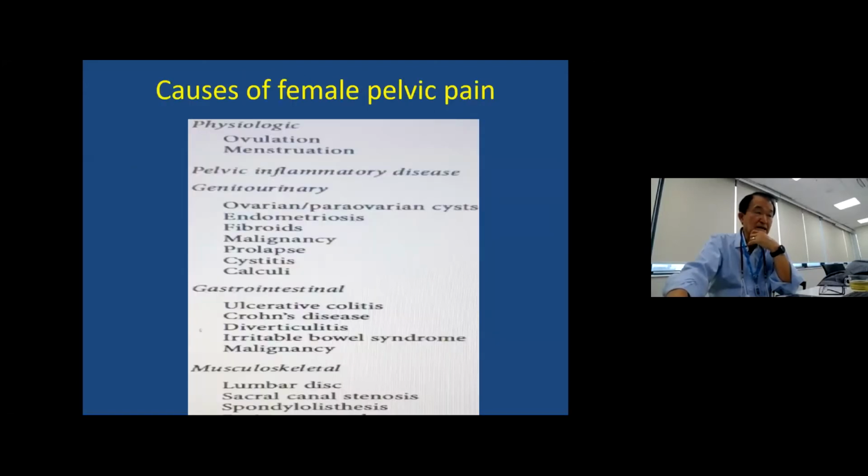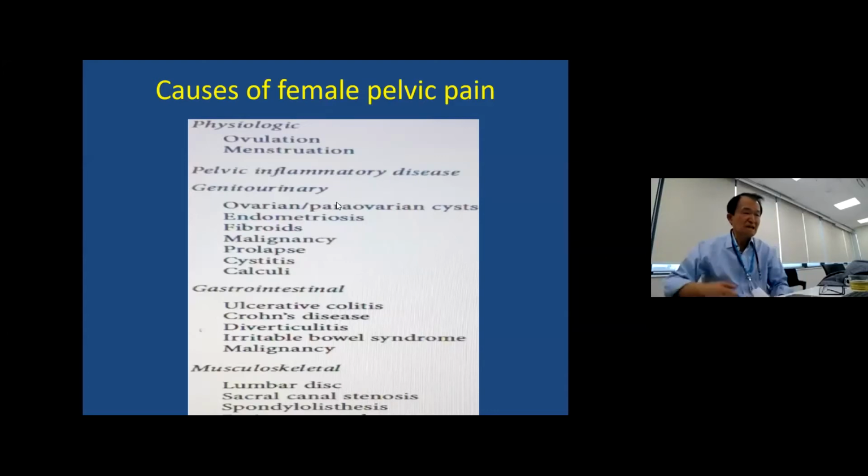We also have clinically some problems of the pelvic venous system. The pelvic venous system is related to physiologic menstruation and ovulation, and certain pelvic inflammatory disease can cause pelvic pain.